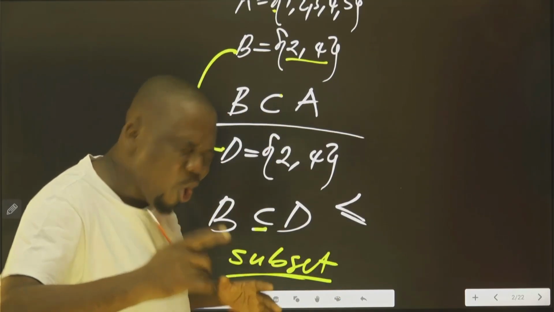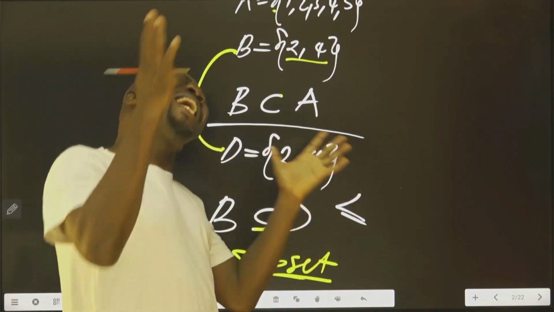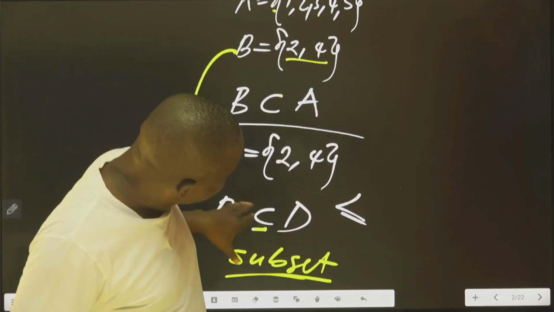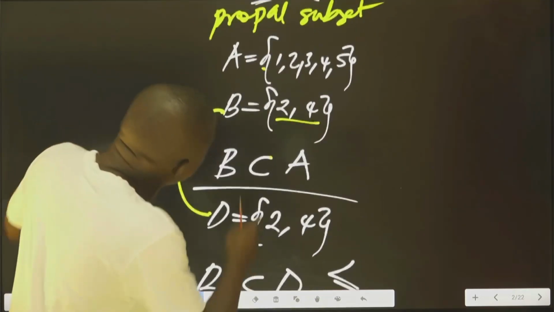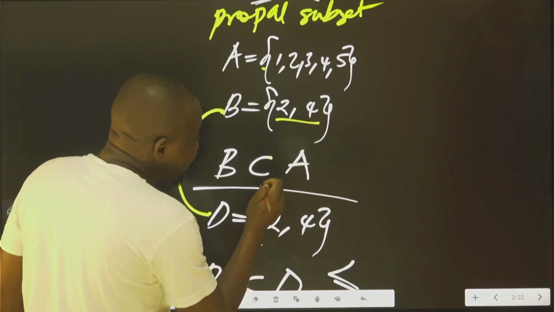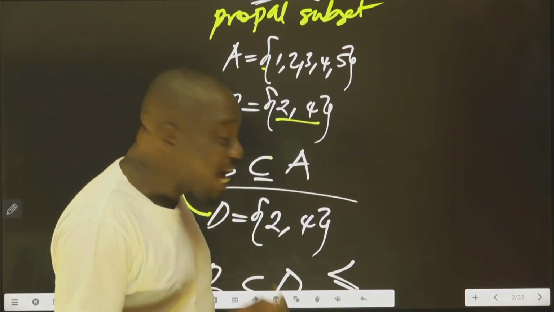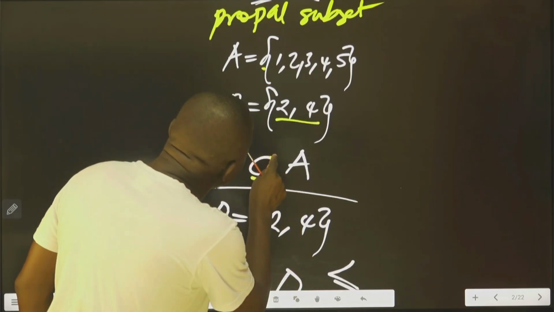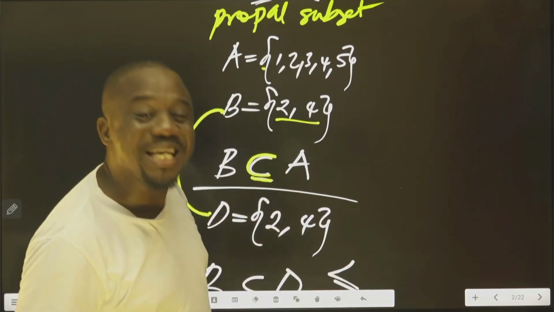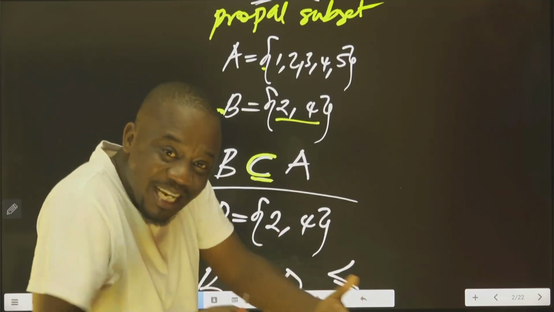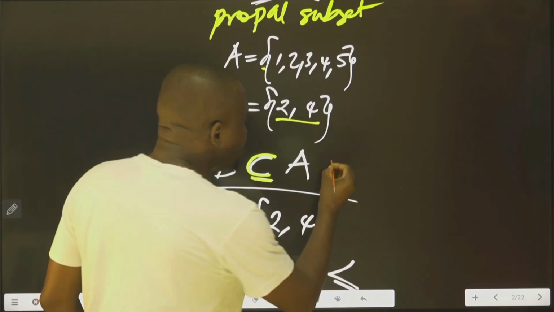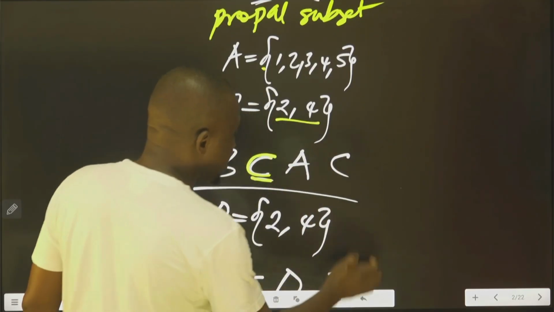It could be less than, it could be equal. Also, this one you represented as proper subset. Actually, this part is not correct. They are not equal. But this upper side, B is less than, it's a subset of A. But the best way to represent this is to simply put this.